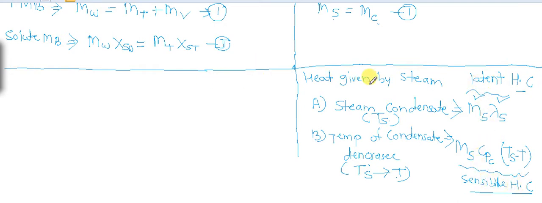In short, steam gives energy in two parts: steam condenses, and second, the condensate temperature decreases. So heat is given in these two parts by the steam.